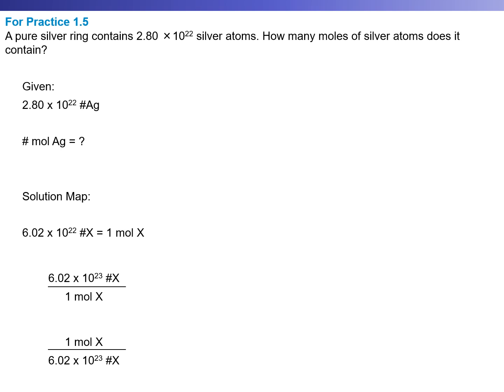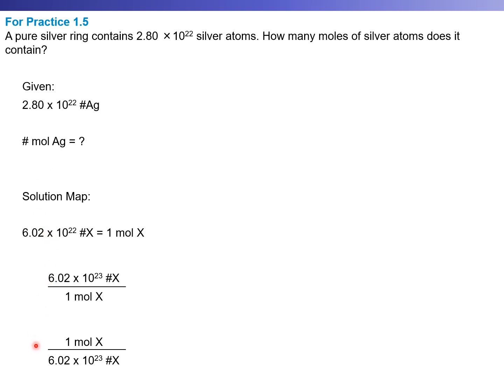Okay, so the question becomes, which one of these two ratios, which one of these two fractions do we want to choose to help us solve the problem? And the rule that I like to say is that the units you seek go on top. Well, what are we being asked to answer in? We're being asked to give our answer in moles.